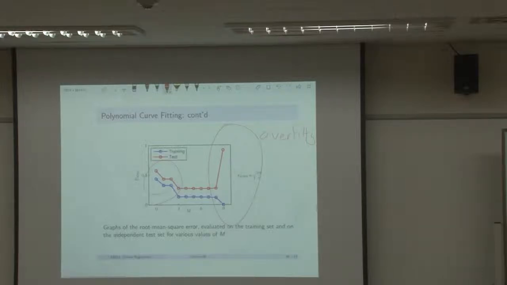Both of them high, so this is underfitting. By looking at the coefficients, how do we know we have this kind of a situation? How do we know this?